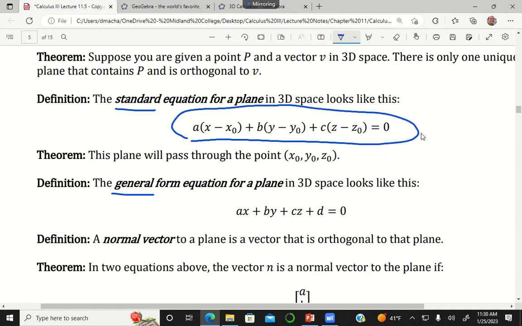And whenever you write this equation, the plane that's described by that equation is always going to include the point x naught, y naught, z naught.